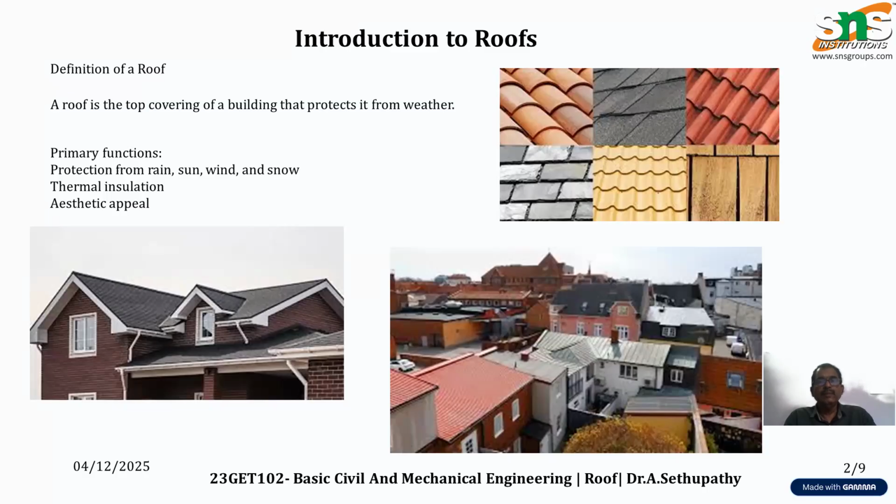In ancient times, before the 20th century, we used only natural materials for building roofs, like leaves, grain waste materials and some wooden materials.